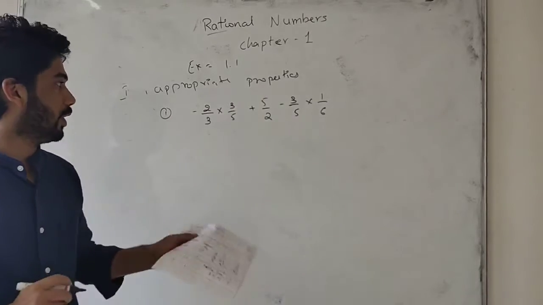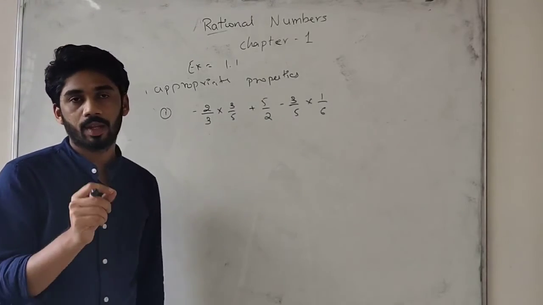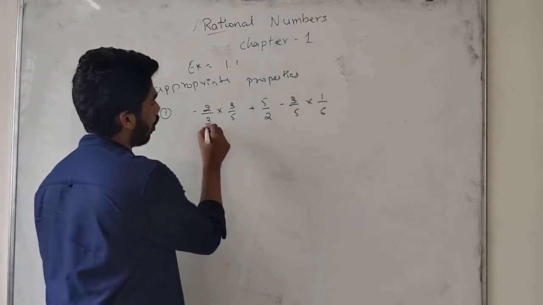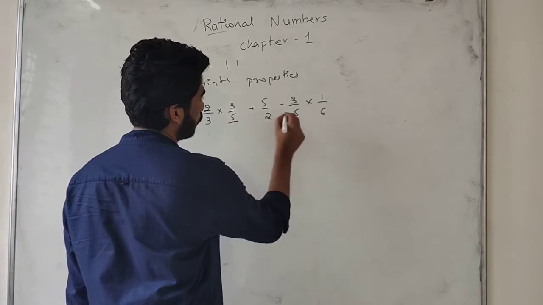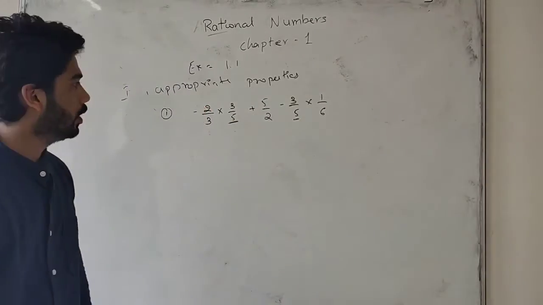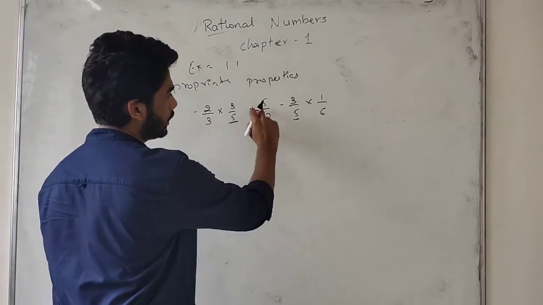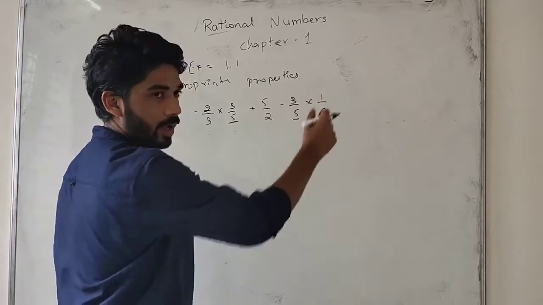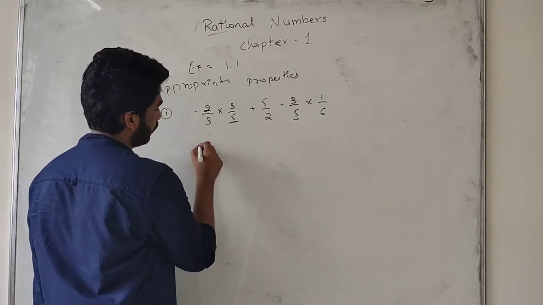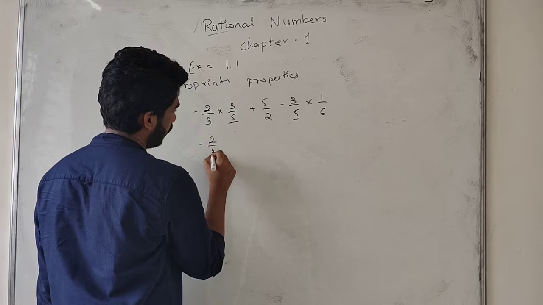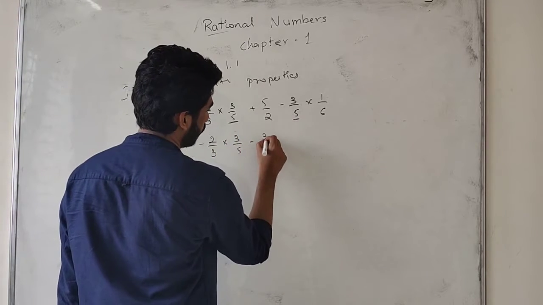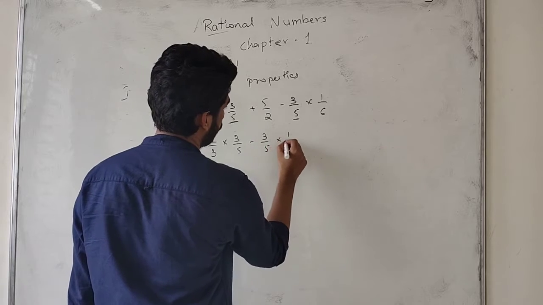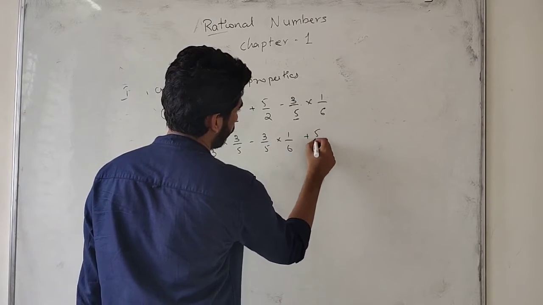First, we have to find the common term here. There is a common term, 3 by 5, in both. So bring this side, and put the last term 5 by 2 at the end. So you must write it as minus 2 by 3 into 3 by 5, minus 3 by 5 into 1 by 6, plus 5 by 2.